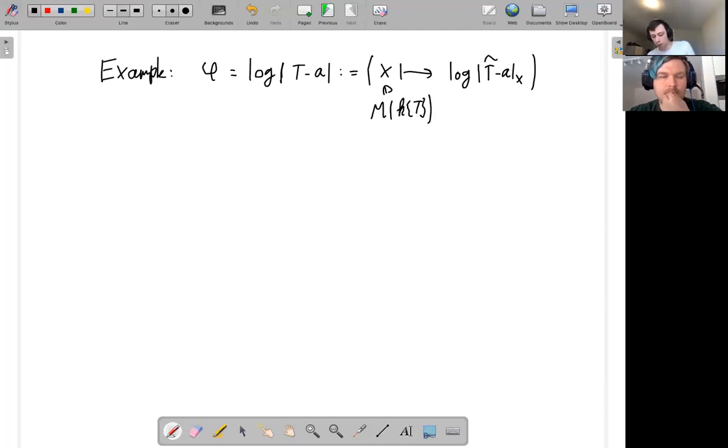So this part here is an element of the ring. So we can take this evaluation and we can take the logarithm. So this should be, by analogy, a subharmonic function.